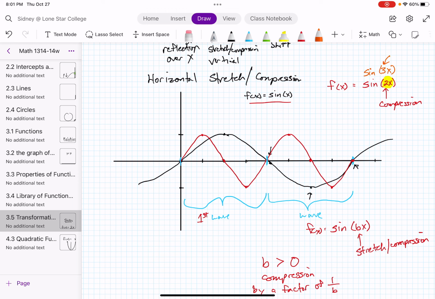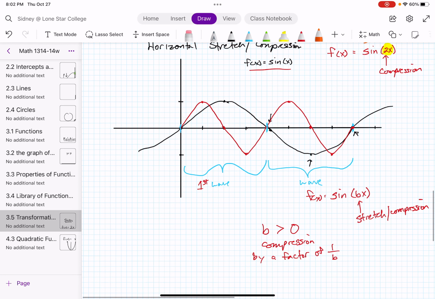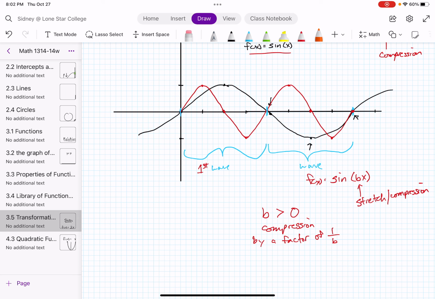So a sine of 3x would be a compression by a factor of 1/3. Now, where this gets more interesting is, what if I were to say f of x equals sine of 1/2 x? Well, it actually fits this description pretty well.